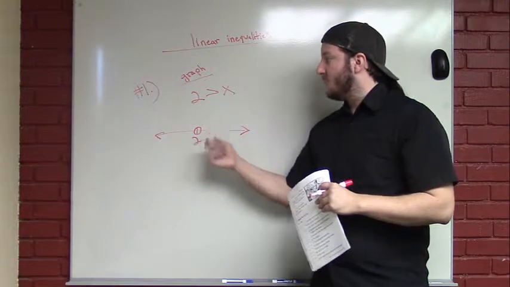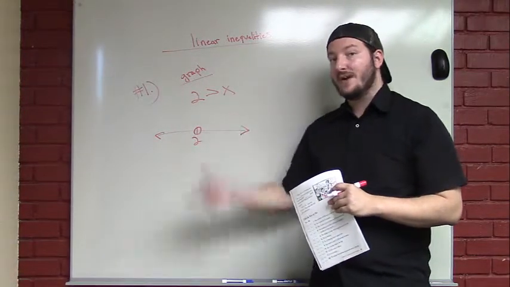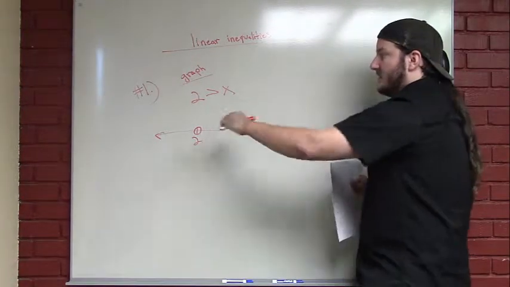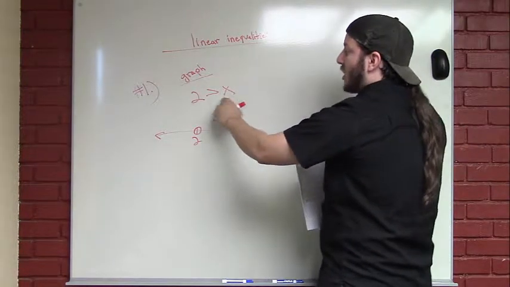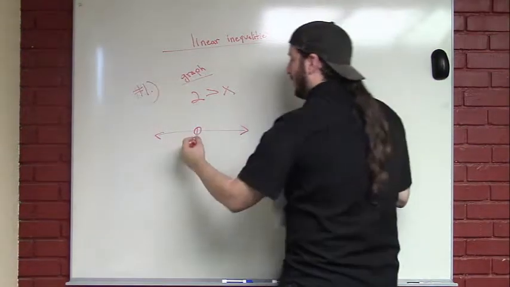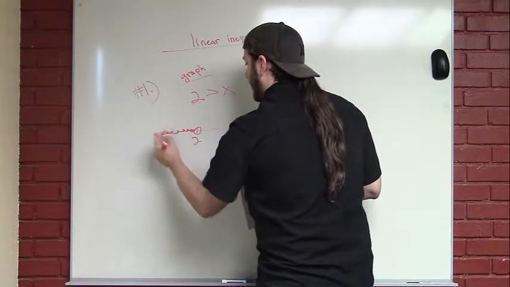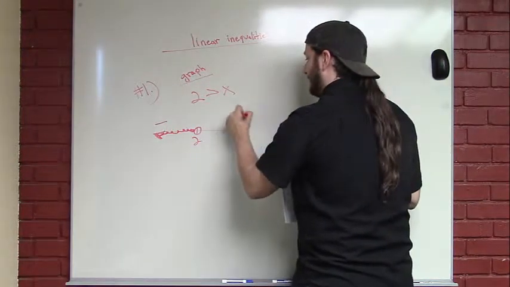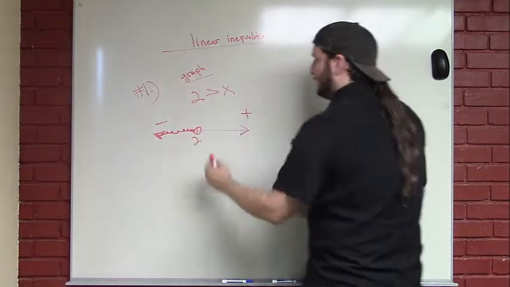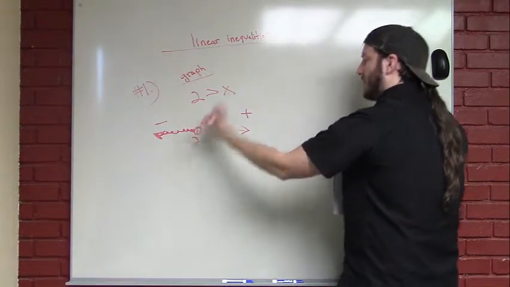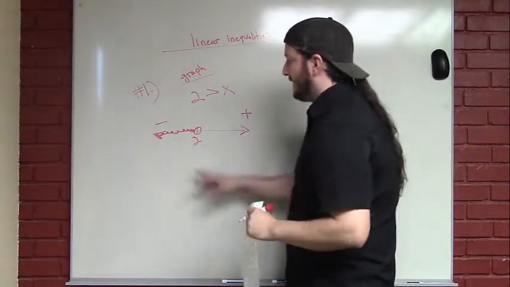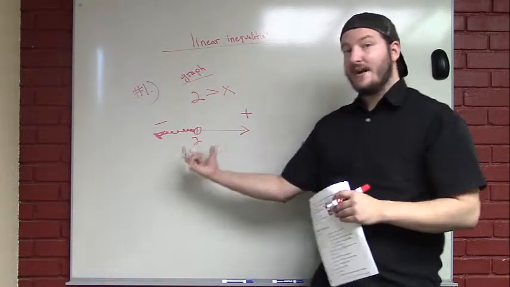Okay, it's an open circle because it's just the greater than symbol. Then, what kind of values are less than 2? Anything that goes to your left is less than. Anything that goes to your right is greater than. Okay? So that is our graph.